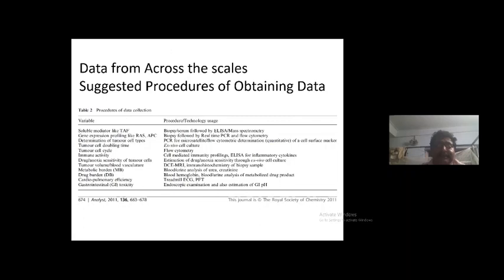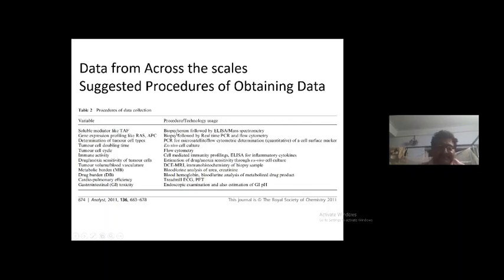Now, the data for both the models need across the scales. So already some suggested procedures are there to obtain those data, like TAF. TAF can be monitored by ELISA or mass spectrometry. RAS or APC can be followed by the biopsy or real-time PCR.